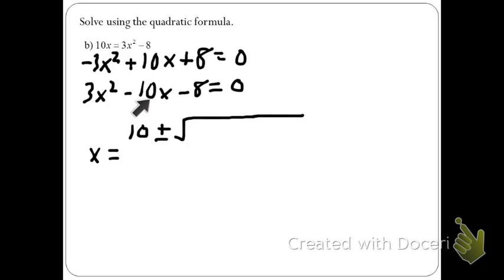And so if we square it, we're going to get 100. Alright, for the minus 4ac part, I want you to do negative 4 times a times c. Negative 4 times 3 is negative 12. Negative 12 times negative 8 is positive 96. We're going to have a plus 96 right there.